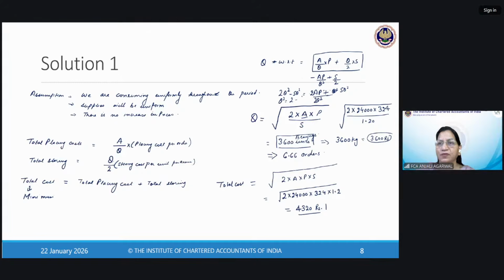When you solve this, you will find that Q equals the under root of 2AP, and S will come as the denominator, under root because we want to find out Q.